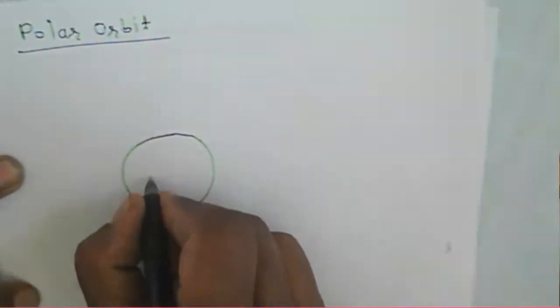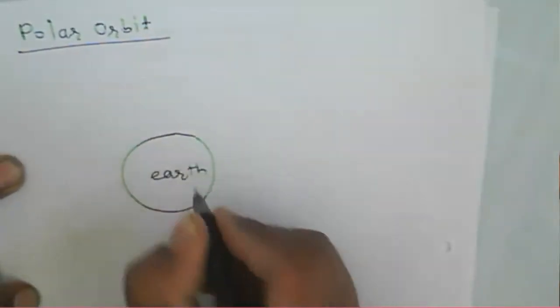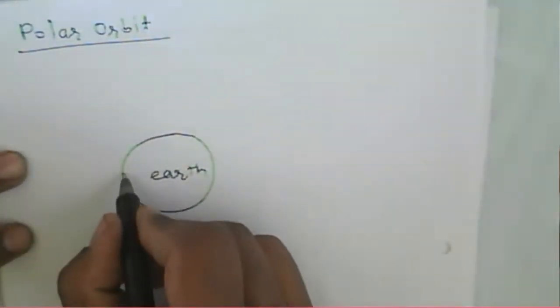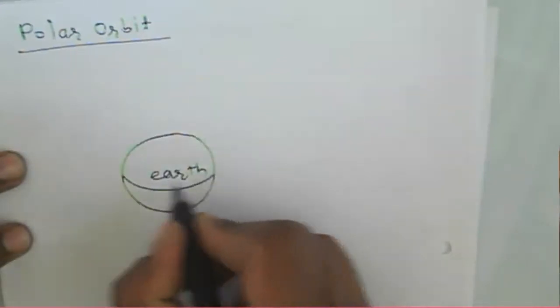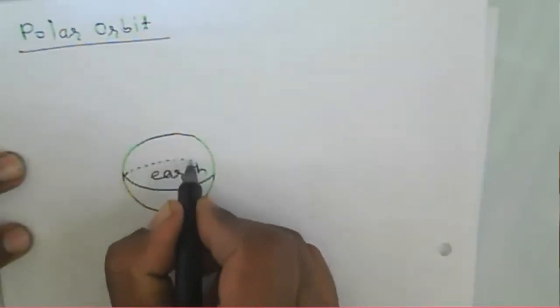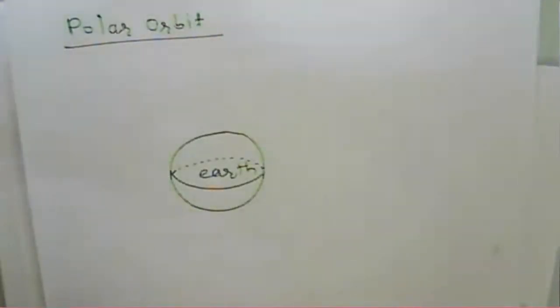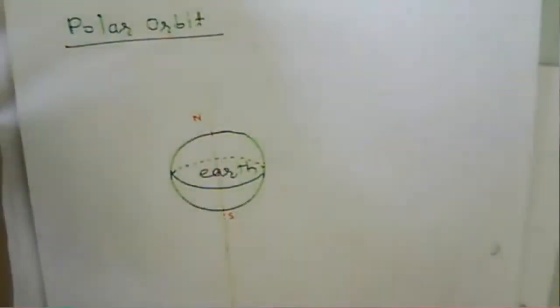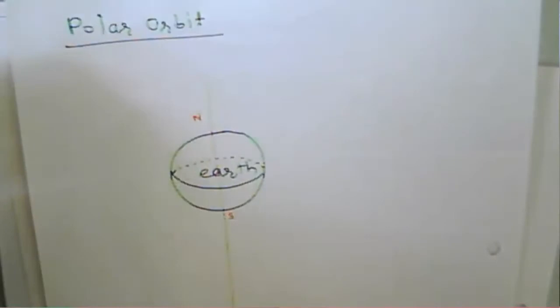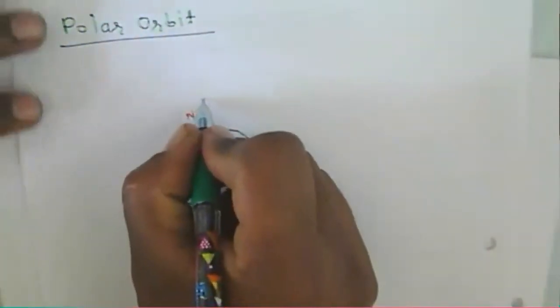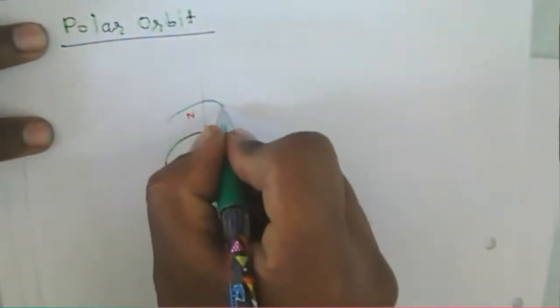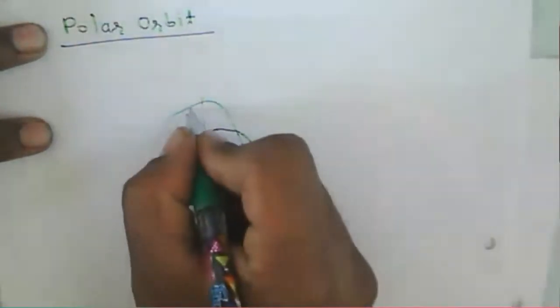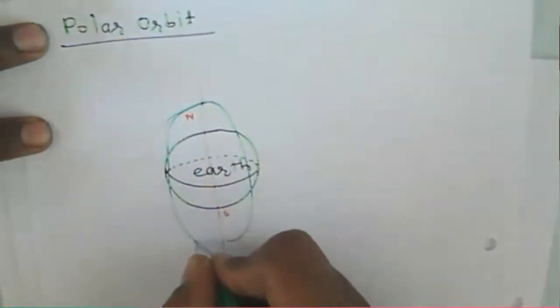Now, here is the Earth, and this is the equatorial plane. This is north and this is south, and for this north and south we have the orbit.